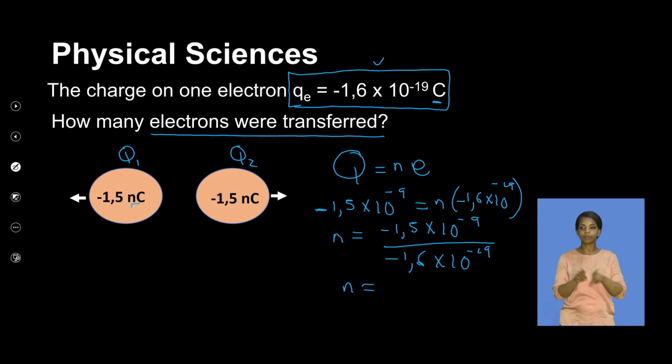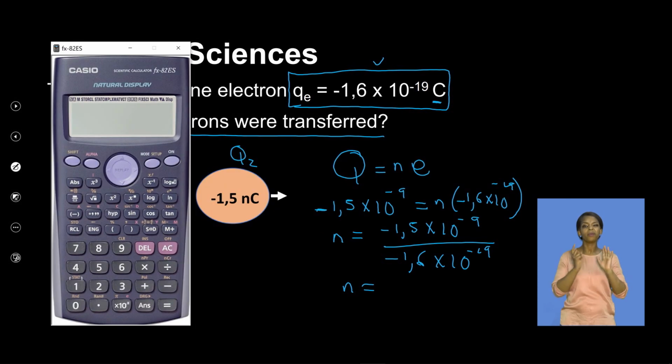On the calculator, take note of the negative that we used: negative 1,5 times 10 exponent negative 9, divided by negative 1,6 times 10 exponent negative 19, right? So that's the calculation there.